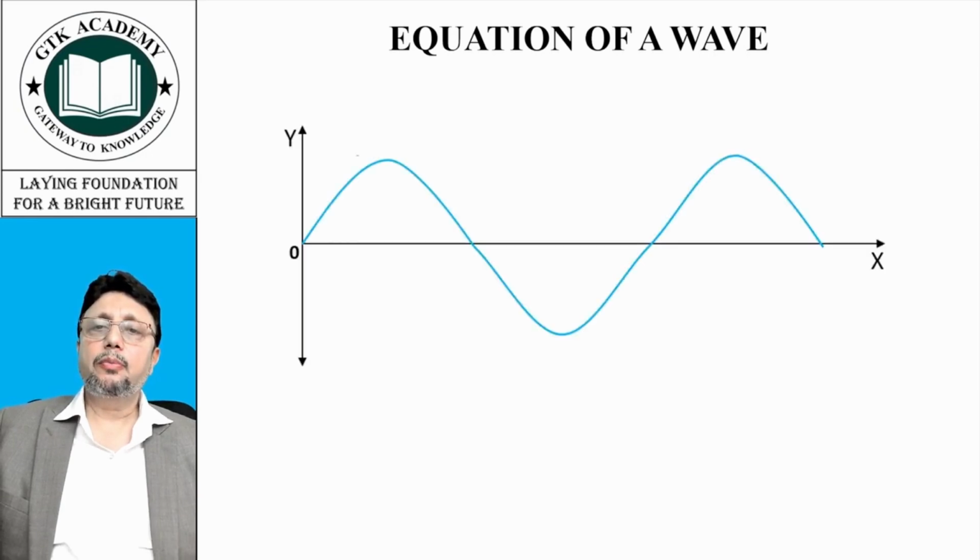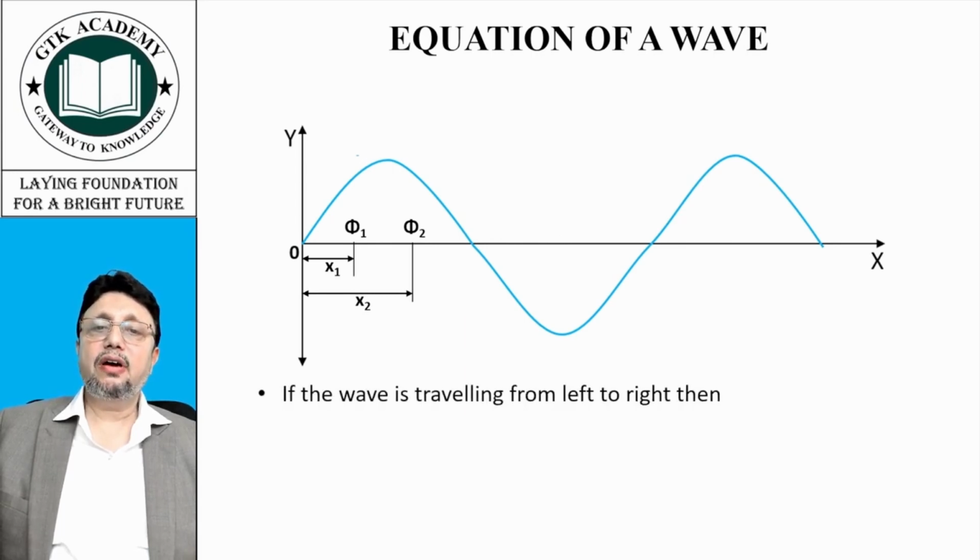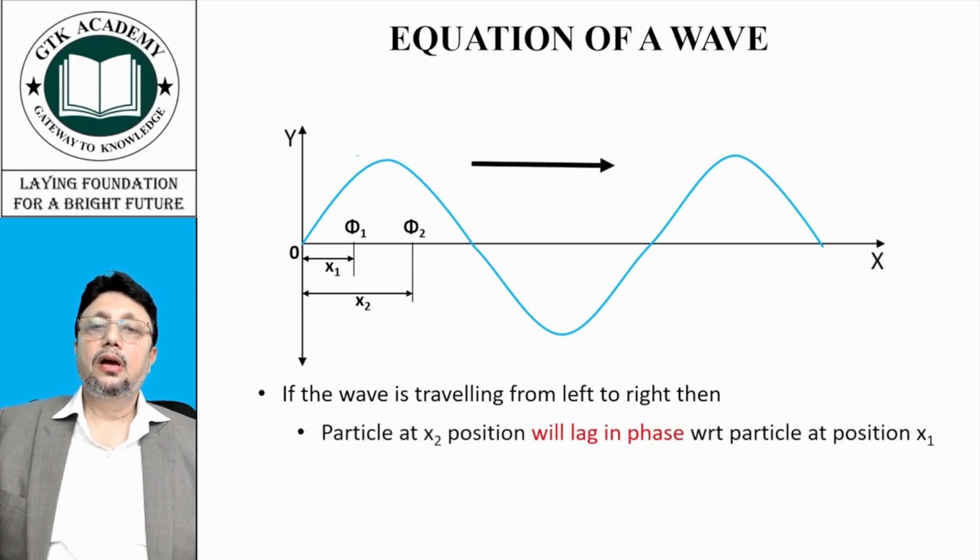One more important concept. Suppose there is a particle at a distance x1 having a phase phi1, and there is a particle at a distance x2 having a phase phi2, and if the wave is traveling from left to right, then the particle at position x2 will lag in phase with respect to the particle at position x1, because the wave is moving in this direction, so first it is going to touch the particle at x1, and then it is going to touch the particle at x2.